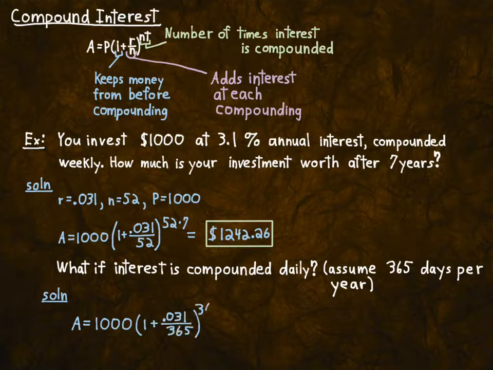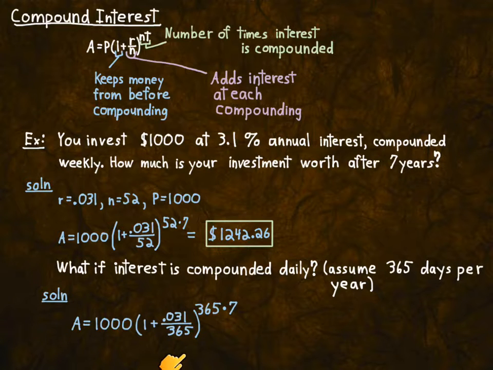So I just changed the 52 times a year for a week to 365. Notice that's in two places, because if you increase the number of times per year you're compounding it, then certainly you're increasing the total number of times you're compounding, which is what this product up here in the exponent is, right?